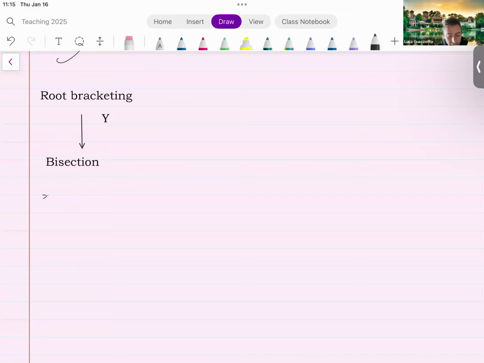So I start with x1 and x2, knowing that f of x1 times f of x2 is negative. That means one of them is positive, the other is negative. Typically, for illustration purposes, I'm going to assume that f of x1 is negative, but it doesn't really matter. I can always change the names between x1 and x2.